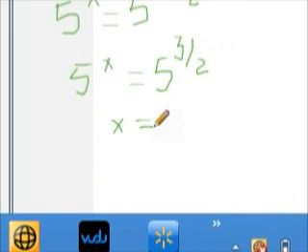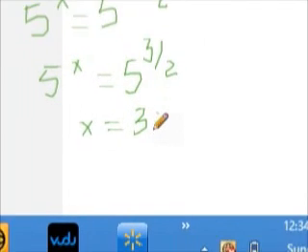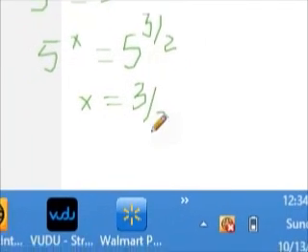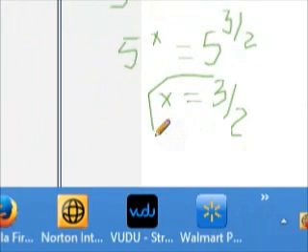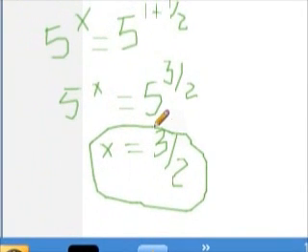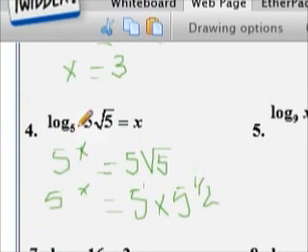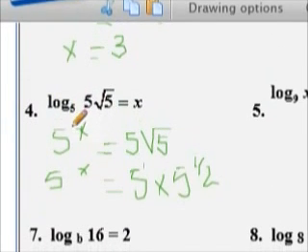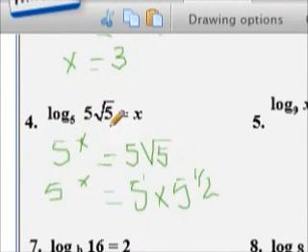Remember, every time I'm trying to compute the log base b of a number, I'm just trying to find the exponent. So the question is, what is the exponent necessary in order to get the value? In this situation, I was trying to figure out to what power I need to raise 5 in order to get 5 square root of 5.